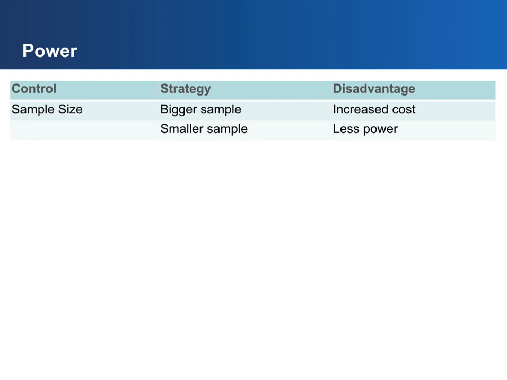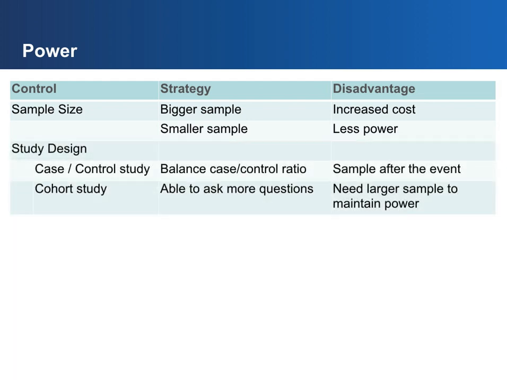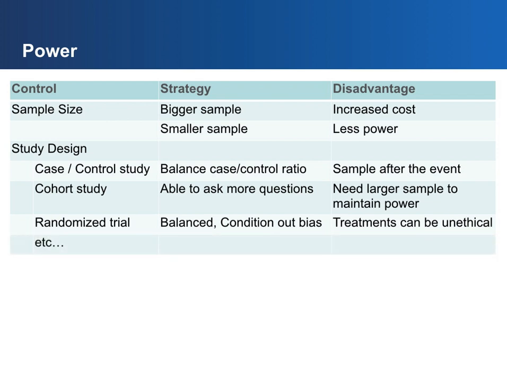In some cases, it can be impractical because we've sampled all of the cases that we know about in the area, and we can't increase the sample size. So then maybe you want to try a different strategy, or maybe you just can't afford to increase your sample size. You can choose a study design that increases your power.